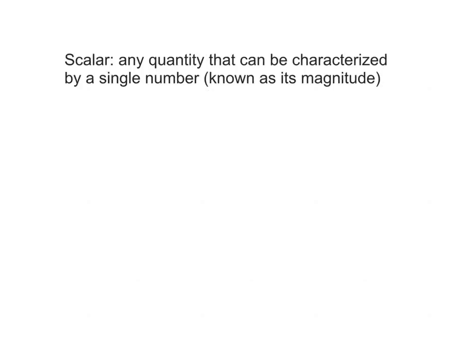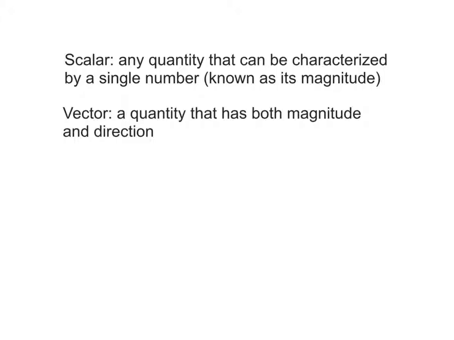So the next concept that I want to cover is the difference between a vector and a scalar. A scalar is any quantity that can be characterized only by a magnitude. A vector, on the other hand, is a quantity that has a magnitude but also has a direction. So for example, if we're talking about a displacement vector, we could say we go 10 meters this way, and that would be 10 meters to the right.